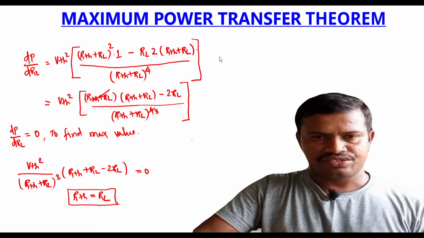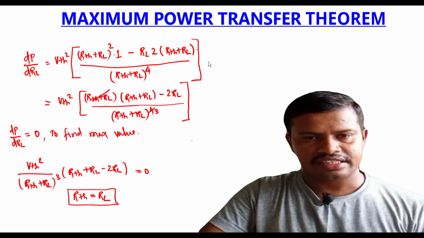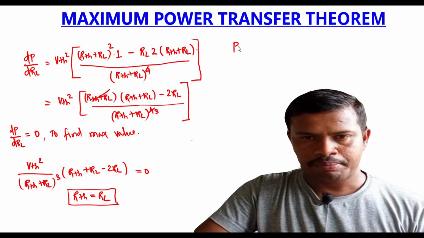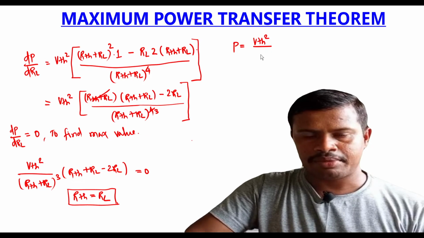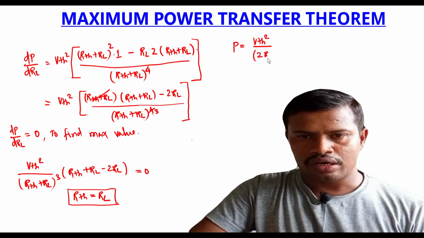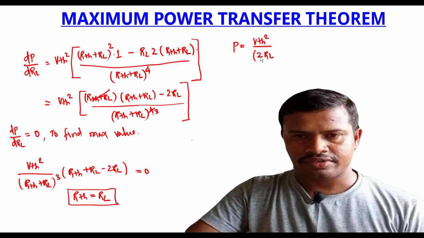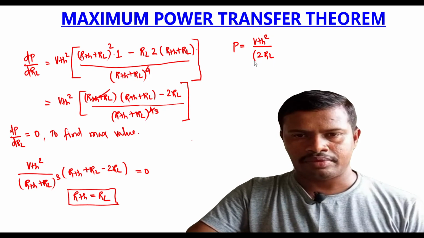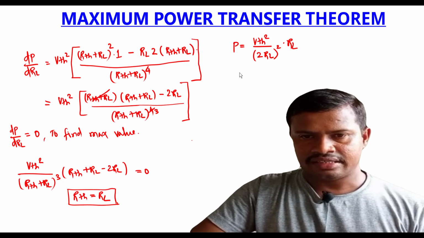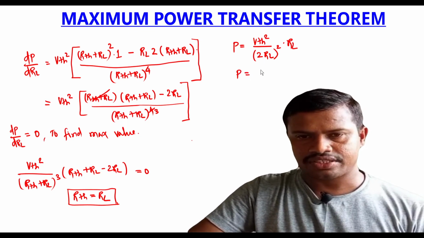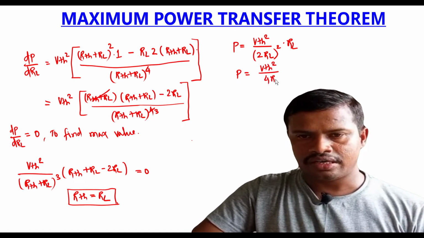Now at this stage, the power dissipated by the load is P equal to VTH square divided by 2RL whole square into RL, because here RTH is equal to RL, so the equation will become 2 into RL whole square into RL, and on further simplification this equation will become VTH square divided by 4RL.